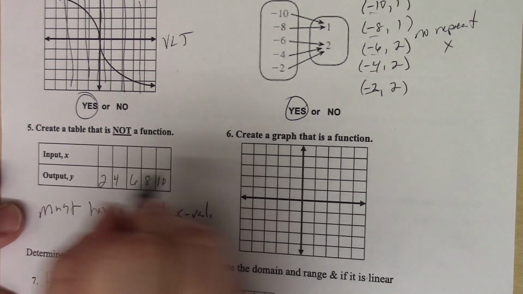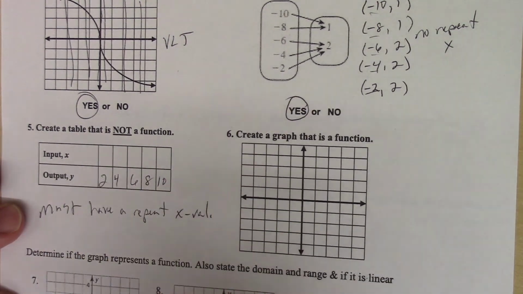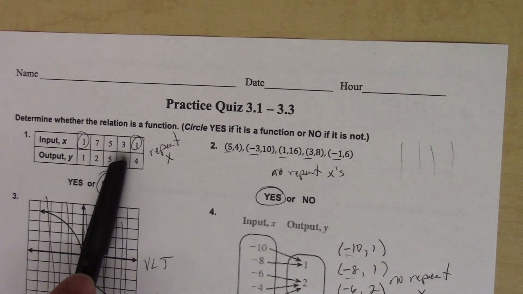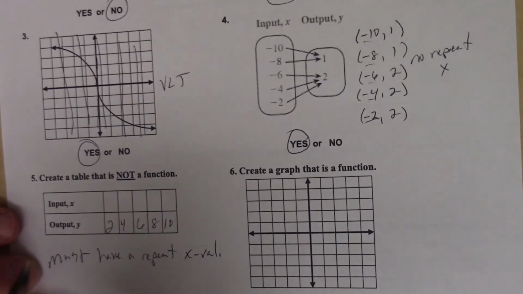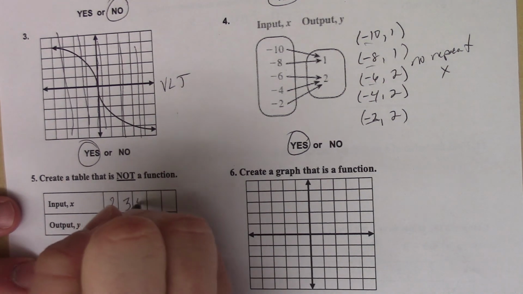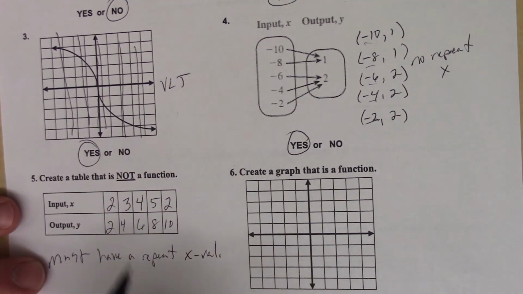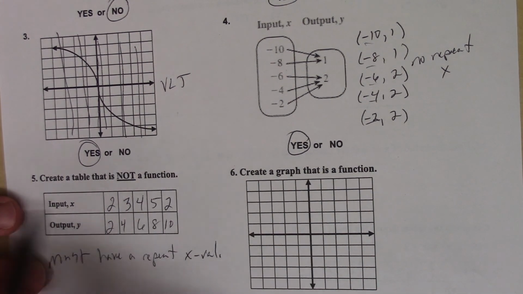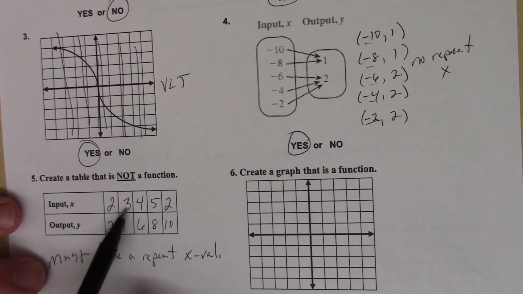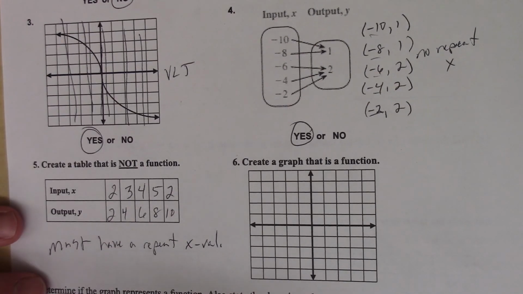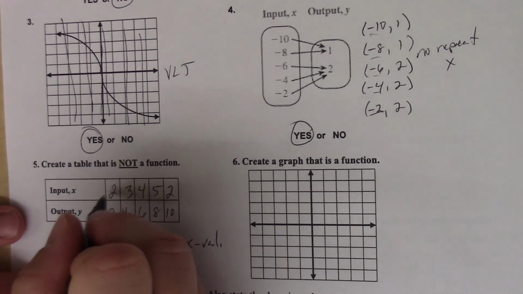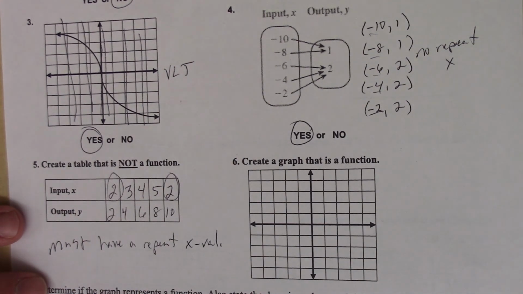Up here, I don't care what numbers you put in either, but you've got to have at least one x that's repeating. It's just like this. We said this was not a function because it had a repeat x. So I'm just going to put 2, 3, 4, 5, 2. If I put 3 here or 4 here or 5 here, any of those would be sufficient. If I wrote 2, 2, 2, 2, 2 all the way across the board, still the same thing. Now this is not a function again, because it has a repeat x value.